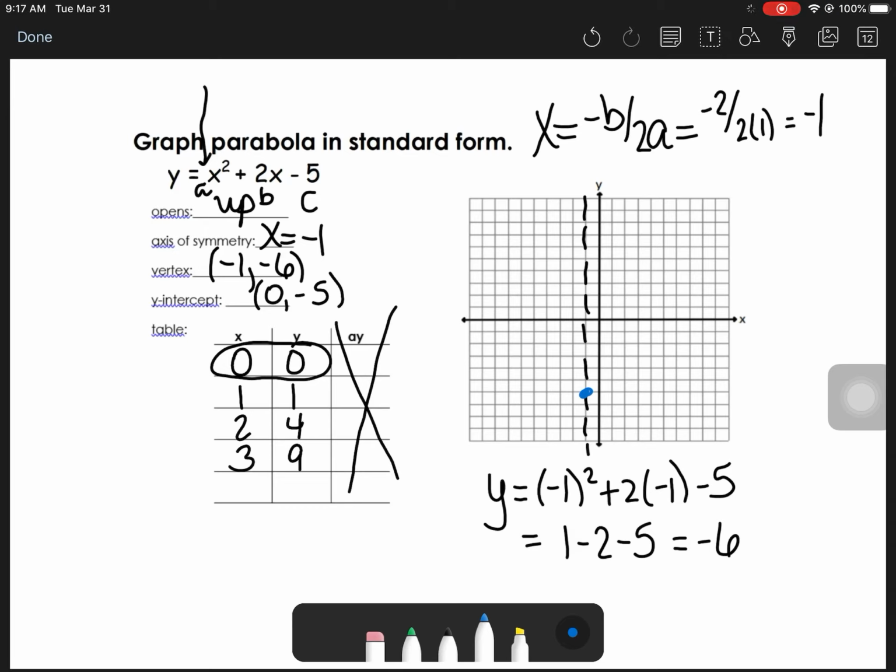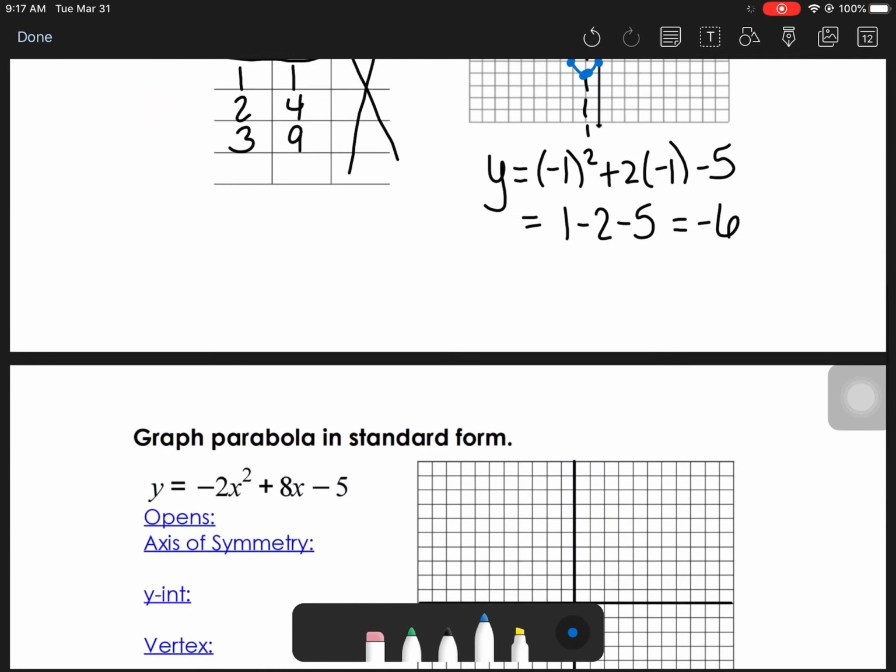And now we will go over 1 and up 1, and over 2 and up 4, and over 3 and up 9 as we plot the points that are in our table. And then we're going to reflect those points to the other side of our axis of symmetry because our quadratic, our parabola, is symmetrical. And then we will draw in our parabola.